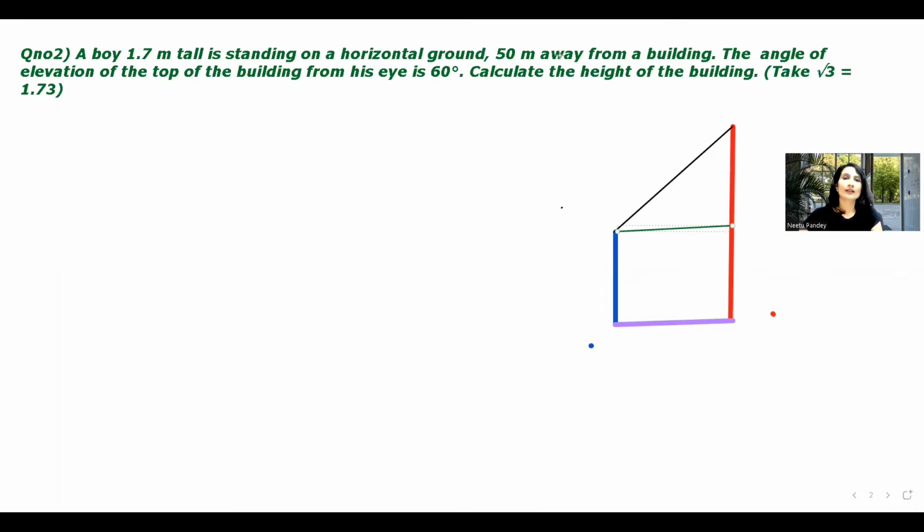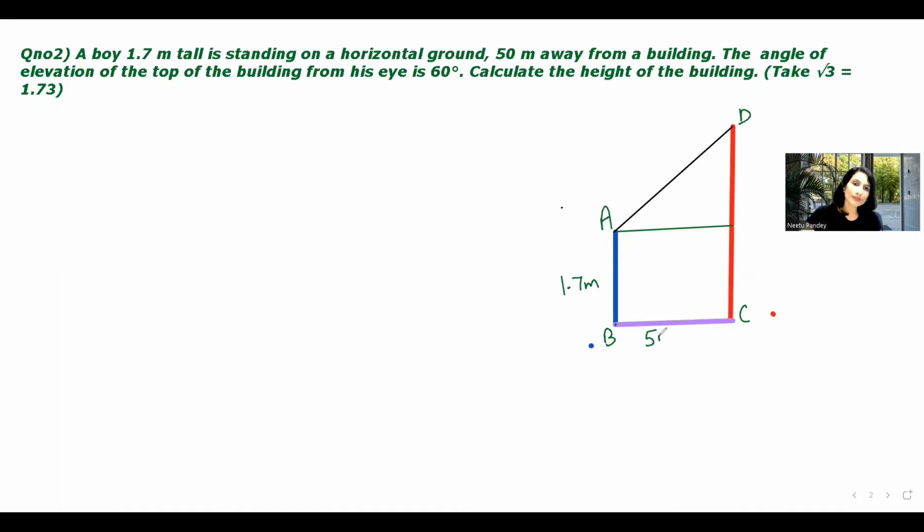So now let us understand what we have done in the drawing in this diagram of this question. First, I have taken this AB. AB is the boy. He's standing on the ground, horizontal ground. And this is the building. Let it be CD. Height of the boy is 1.7 meters. 50 meters away from the building means the boy is standing here and the building is here.